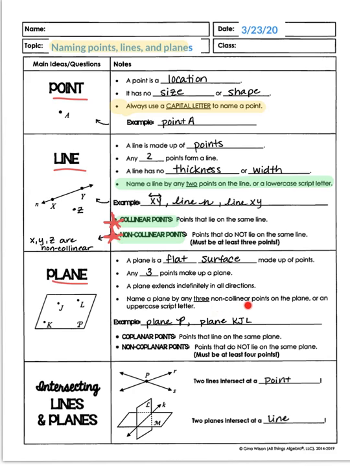And if you forget what non-collinear points are, here's the definition right back up here. Non-collinear, points that do not lie on the same line. So 3 points on this that do not lie on the same line would be K, J, and L. And it doesn't matter the order in which you put those. So plane KJL, you can name it like that, or just plane P.